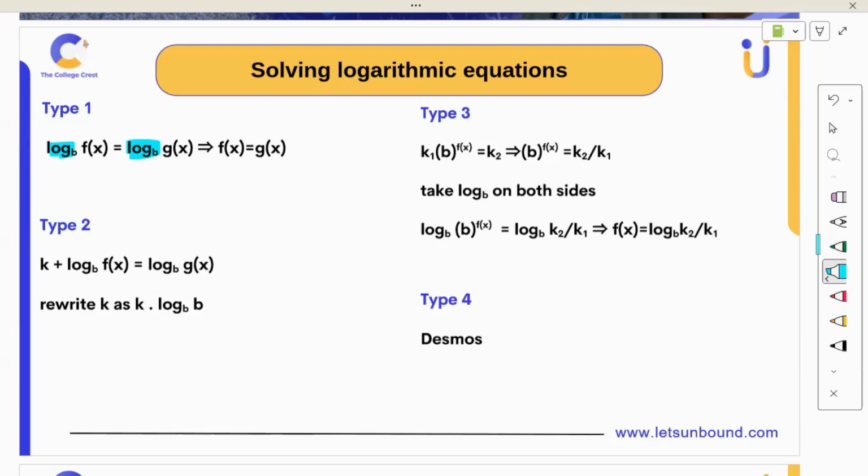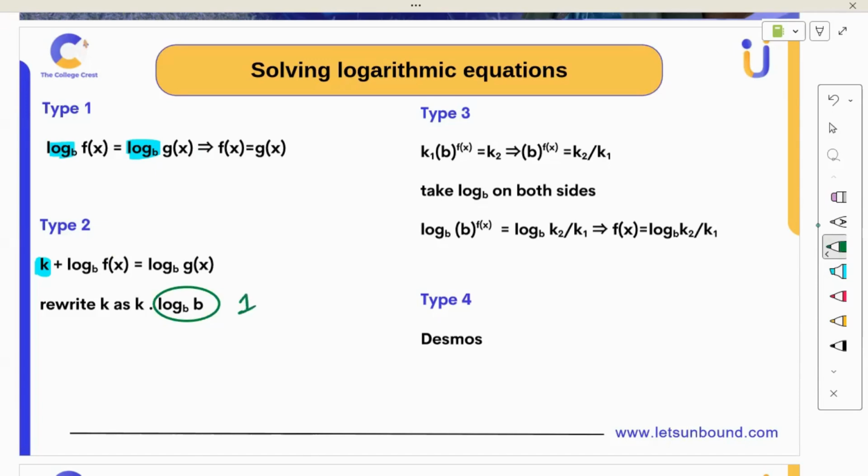Then type 2, a constant k plus log b f of x, and on the other side also log b g of x. Our aim is to get rid of the log, right? With this k, you can just rewrite k as k times log base b of b, because we know this value is 1.